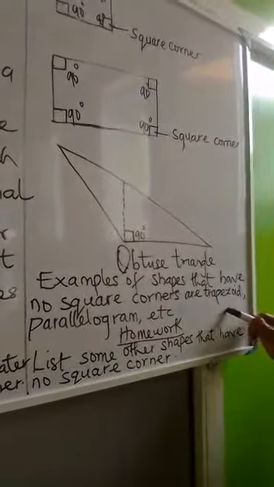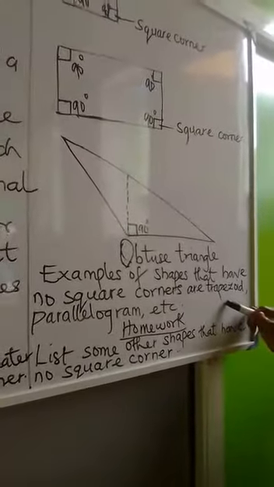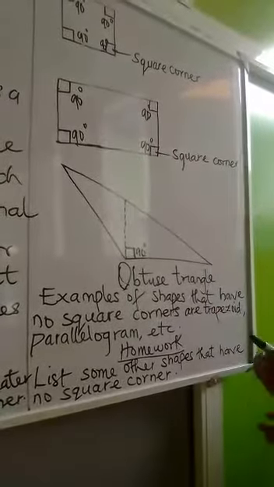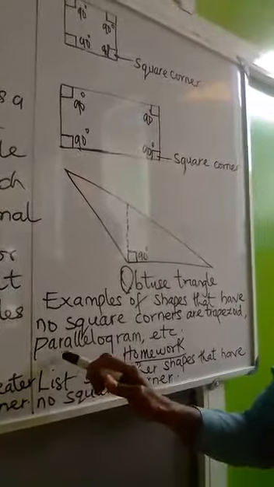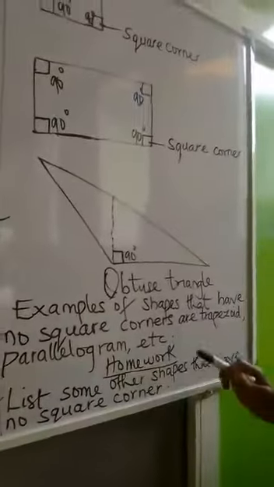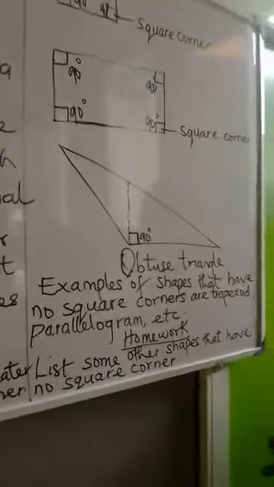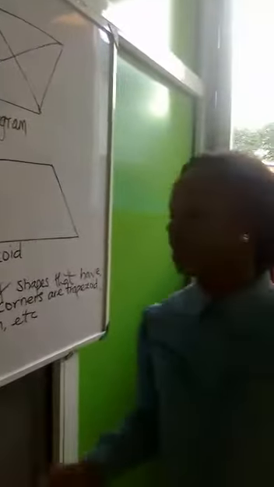You have trapezoid. Trapezoid doesn't have a square corner. And it doesn't have a parallel side. Parallelogram. Parallelogram doesn't also have what? A square corner. Yes. Okay.